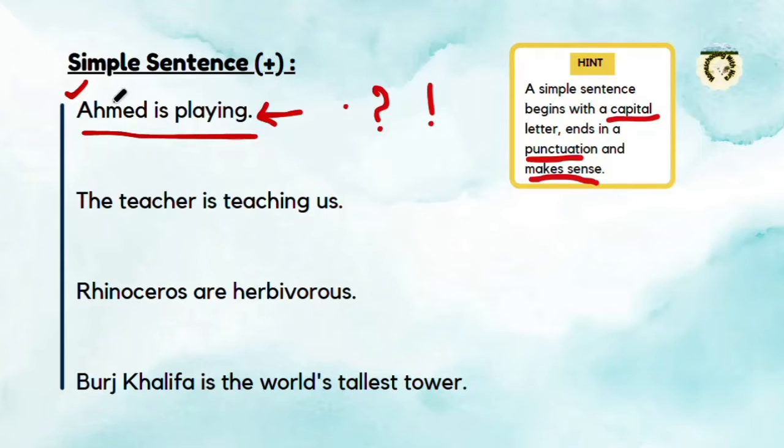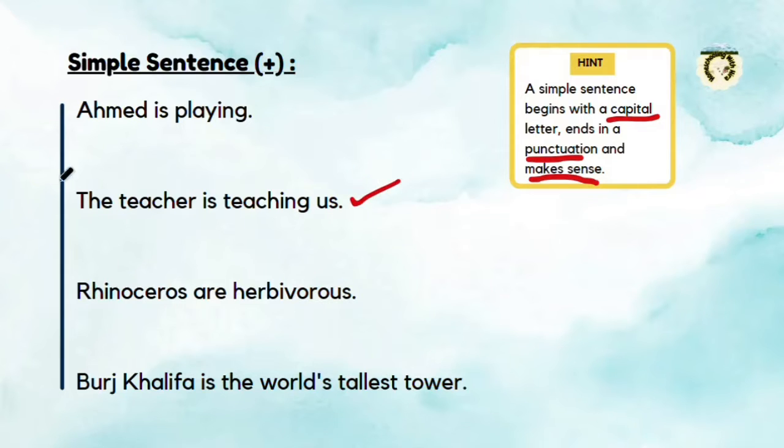For example, Ahmed is playing. You understand well what's been said, right? The teacher is teaching us. Simple sentence. It has a capital letter, a punctuation, and the sense is clear. Rhinoceros are herbivores. Okay? Burj Khalifa is the world's tallest tower.